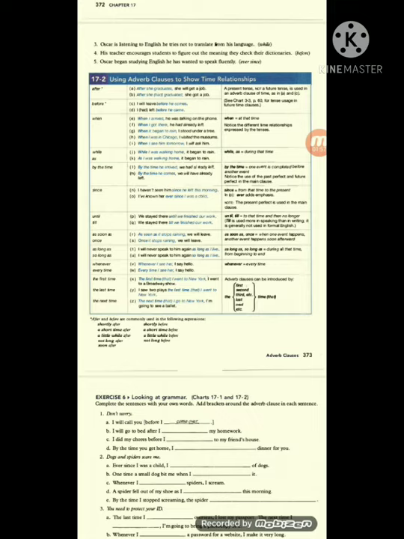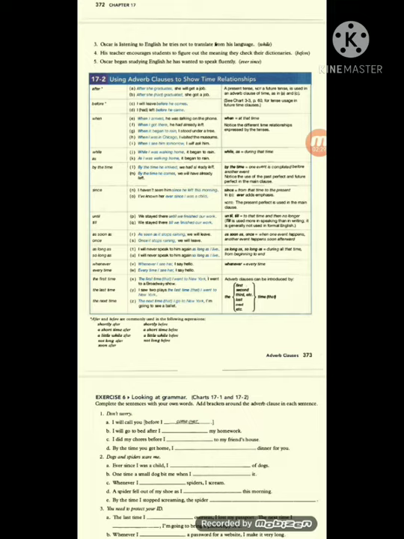L and M. By the time he arrived, we had already left. By the time he comes, we will have already left. By the time, one event is complete before another event. Notice the use of the past perfect and future perfect in the main clause.